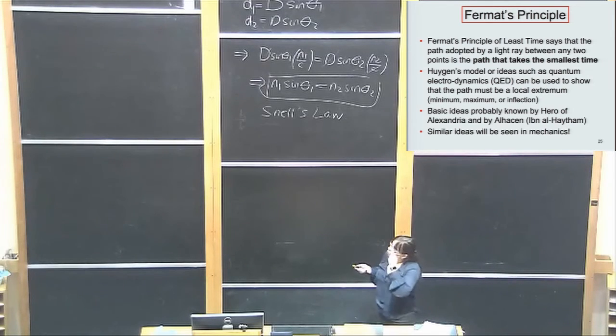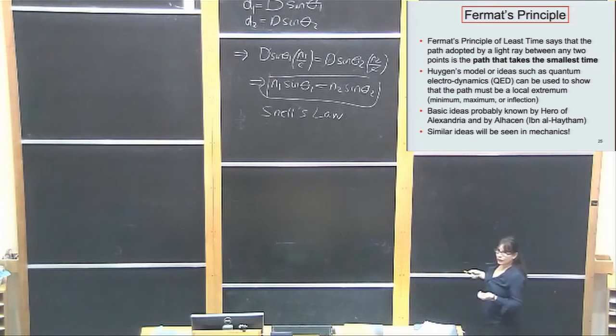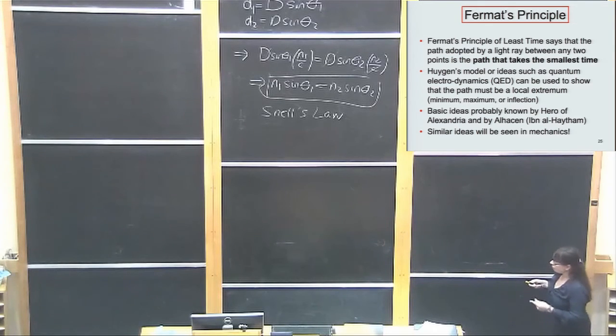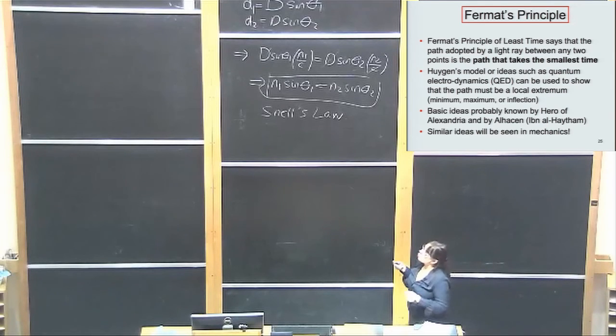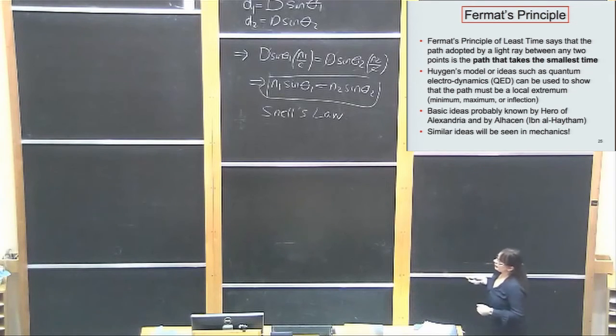If you want to know more, there's a nice little explanation, a bit hand-wavy but quite nice and intuitive, that you can find in the Feynman lectures, somewhere in volume 1. I forget which section, maybe 26, something like that, which explains why this should work. But anyway, Fermat himself, I don't think knew.